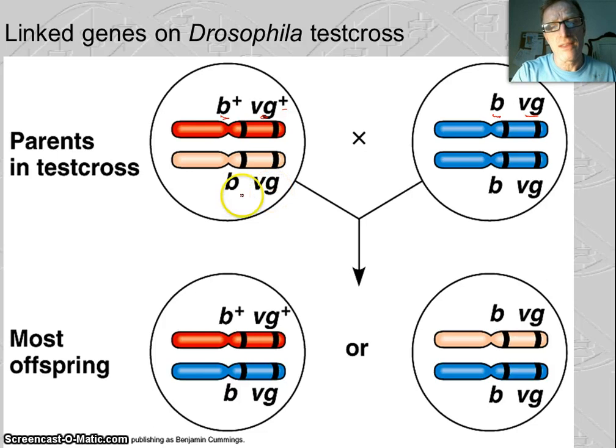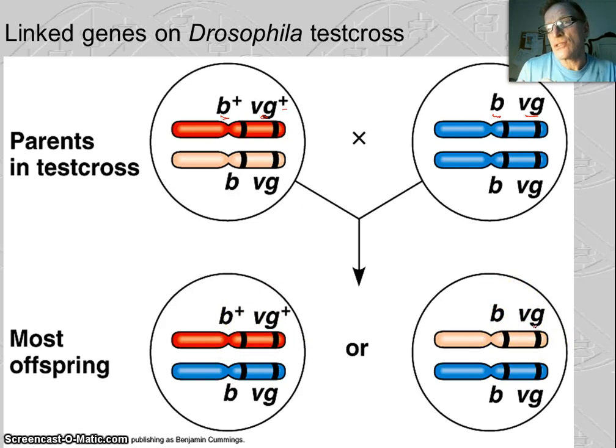Then if you crossed this individual to another recessive individual that has black vestigial wings, you would expect Mendel's rule of independent assortment to produce combinations of wild type versus black versus vestigial versus normal wings, independently assorting those two sets of alleles, right? But what he found was he only got individuals that showed the dominant wild type or individuals that showed both recessive, black and vestigial.